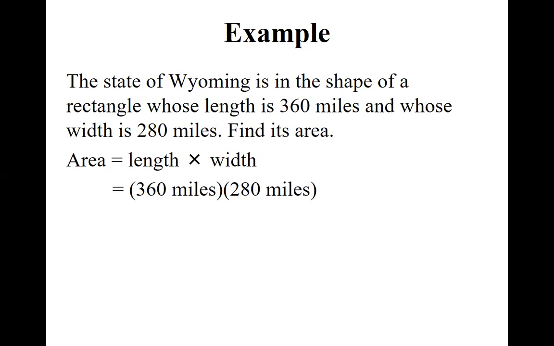In other words, 1 placeholder 0 on the second row, 2 placeholder zeros on the third row, and you get 100,800. And that's square miles, because remember, our visual. That's how many squares there are that are mile by mile long.